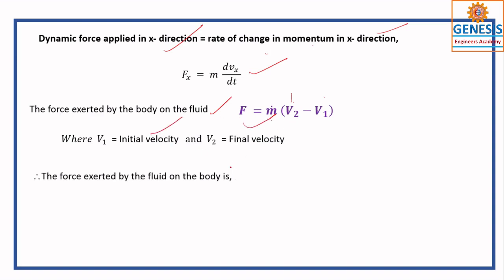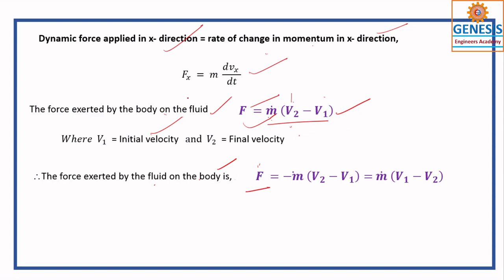The force exerted by the fluid on the body is just against this, so the sum of these two becomes 0. One can be treated as direct and the other as reaction. This force is in the opposite direction to the other force.